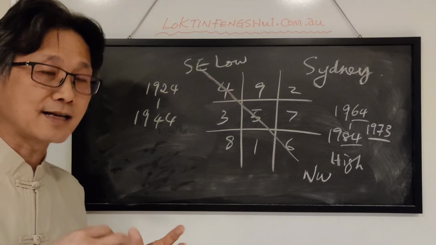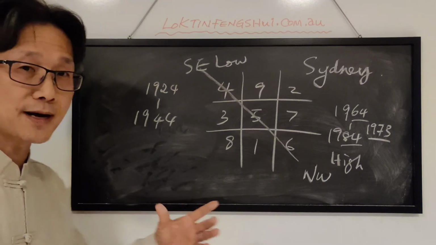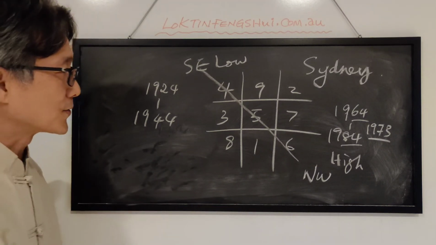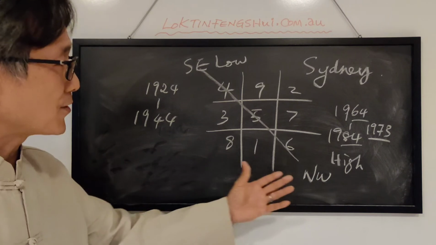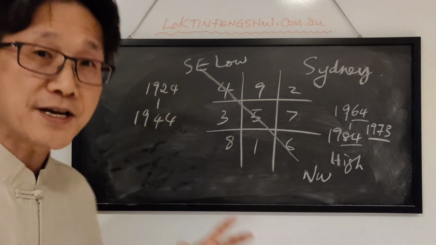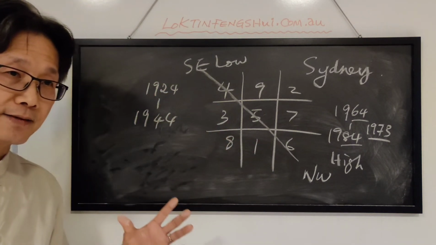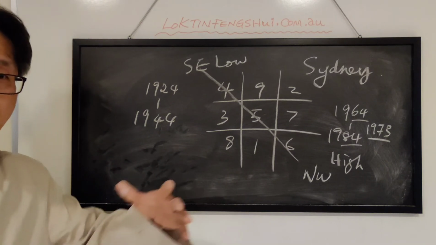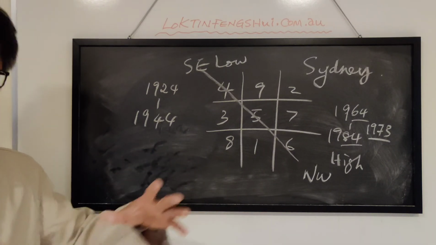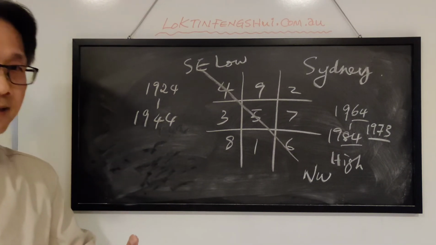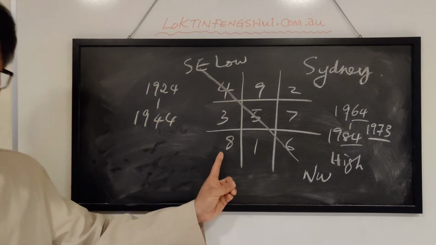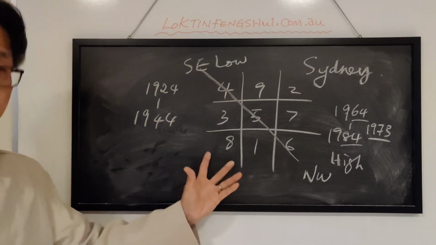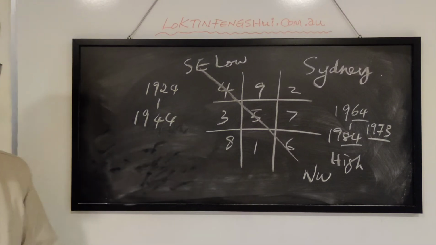You know, the economy was worse than Melbourne. So that is how we look at the formation from the form point of view. If there's a higher mountain, higher land in the timely sector, then that city will be booming. Okay.